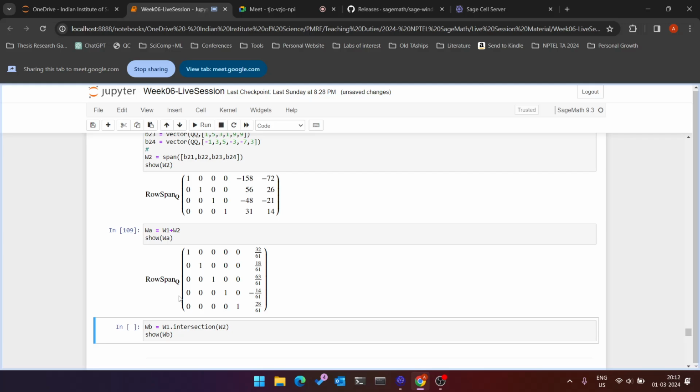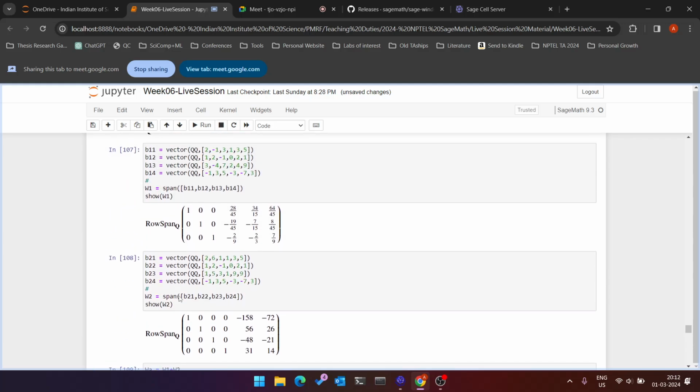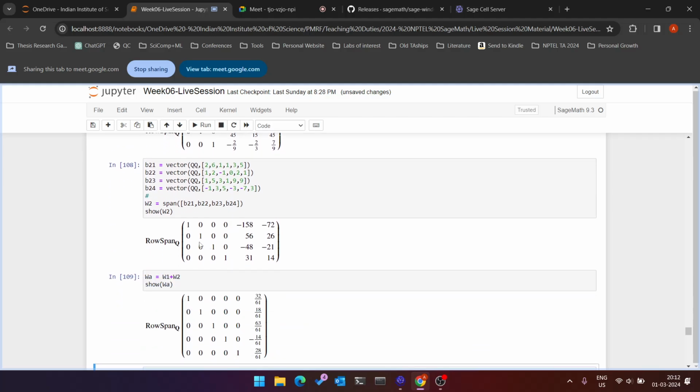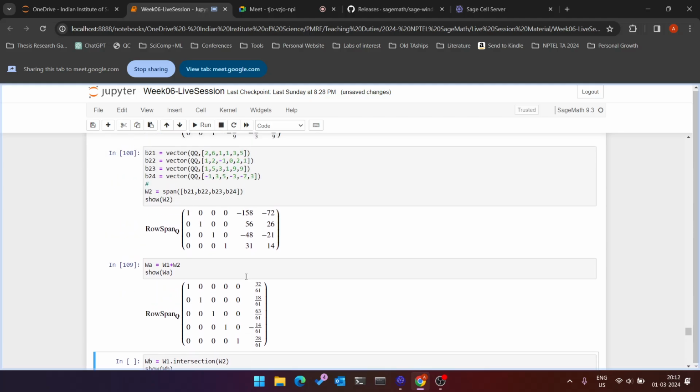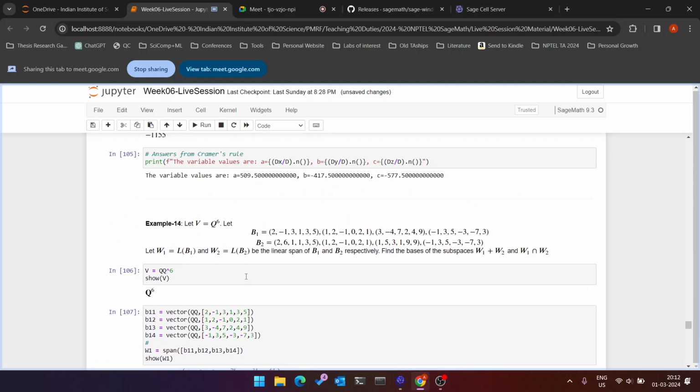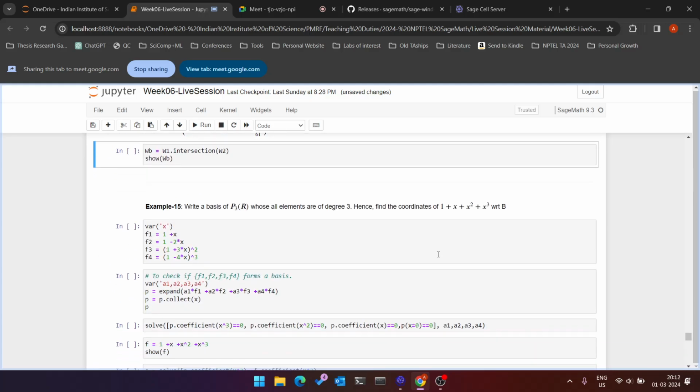So it seems that W1 has three independent rows, so it can have basically three dimensions. W2 has four, but the addition has five. We know a formula where dimension of W1 plus W2 is basically dimension of W1 plus dimension of W2 minus dimension of W1 intersection W2.